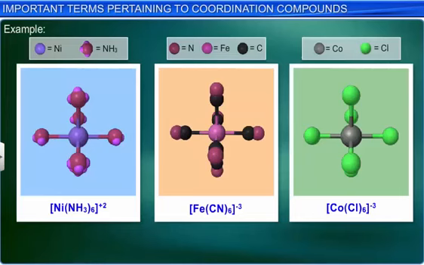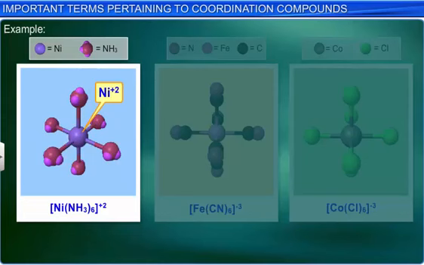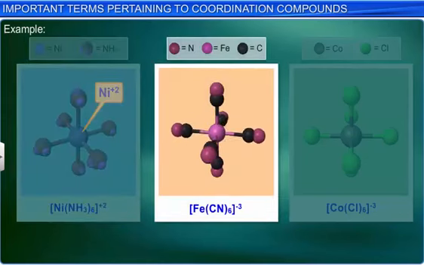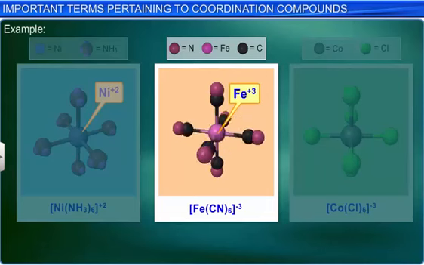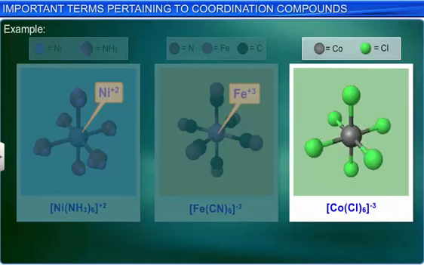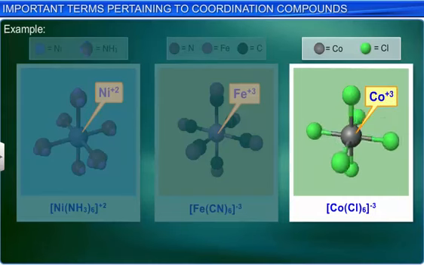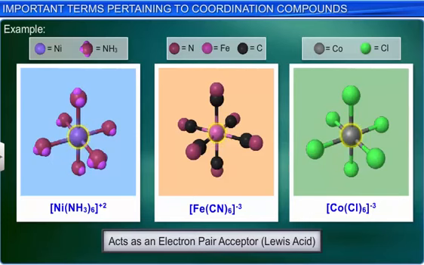For example, the central metal ion in [Ni(NH3)6]2+ is Ni2+, in [Fe(CN)6]3- is Fe3+, and in [CoCl6]3- it is the Co3+ ion. As the central metal atom or ion acts as an electron pair acceptor, it is also referred to as a Lewis acid.